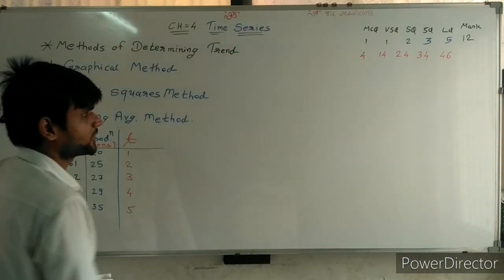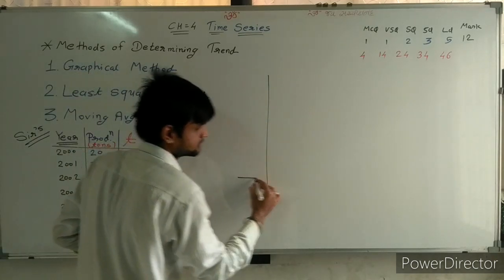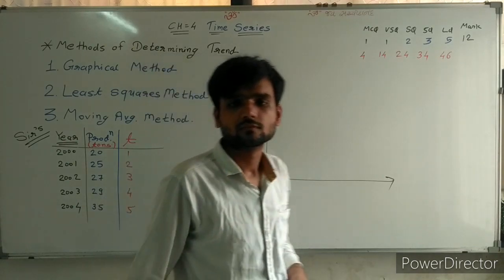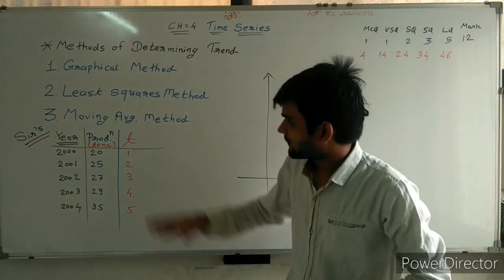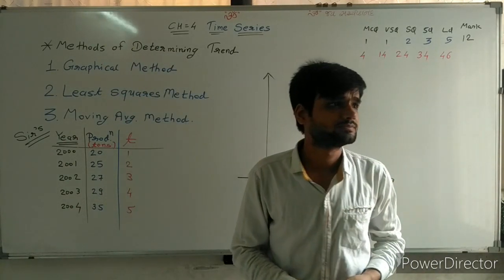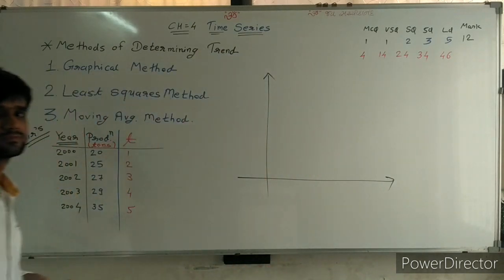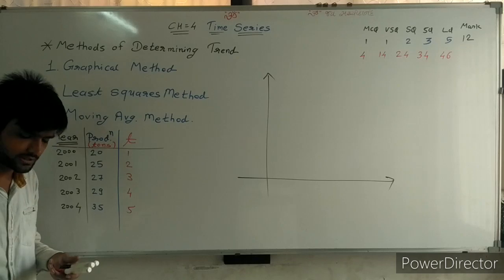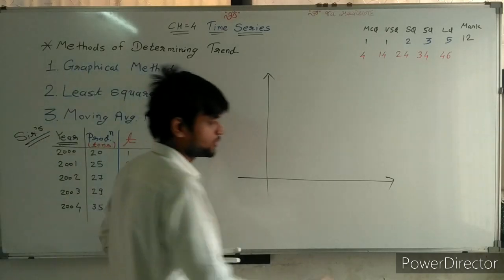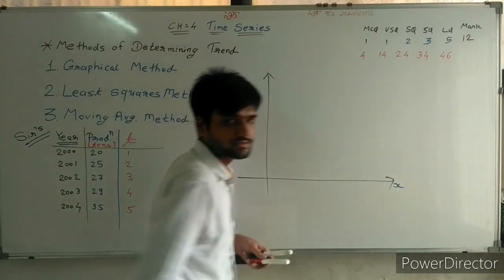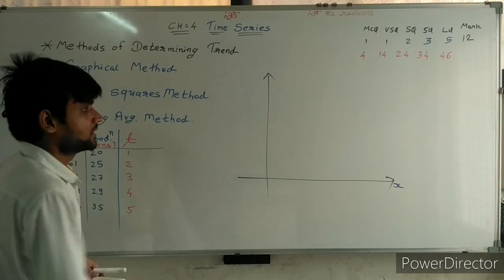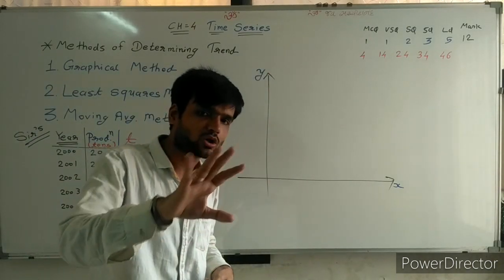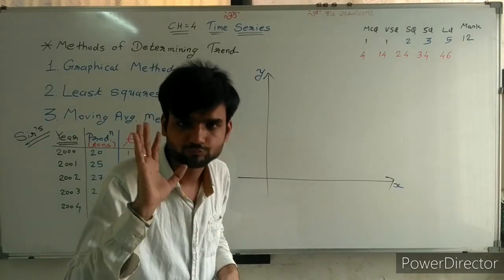See and try to understand. Graphical method is the easiest method. Now, sir, time is independent. Independent variable is always written on the x-axis. On the y-axis, the dependent variable is written. That all of you know.